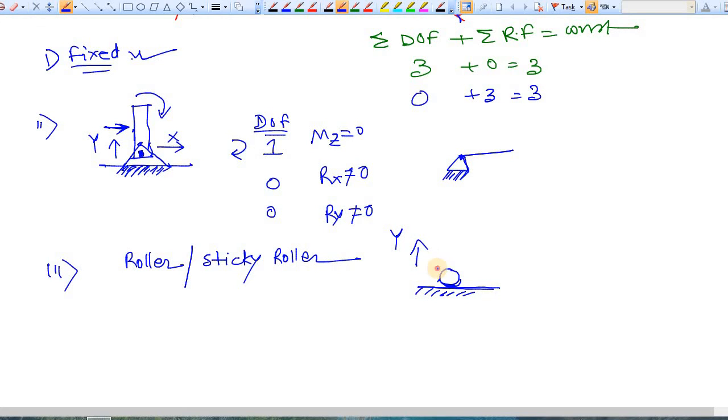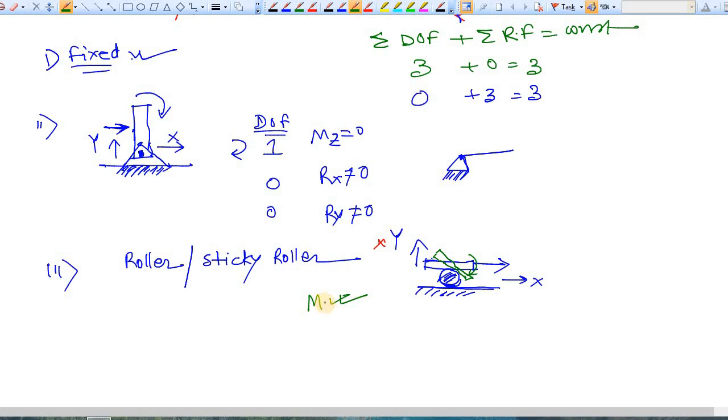When you apply a load on the object seated upon this roller, say you apply a force in this direction, it will move towards this x direction, but towards the y direction it cannot move. Also, say you apply a moment like this, of course it will be able to rotate like this. So for this roller support the moment is allowed, so there is no reaction.